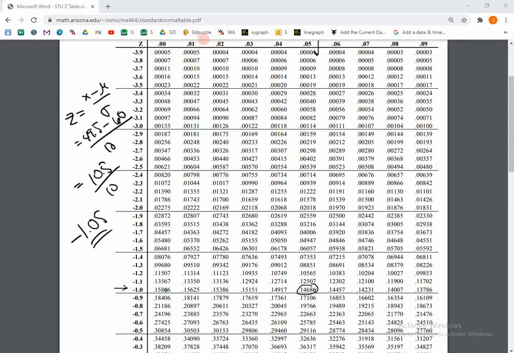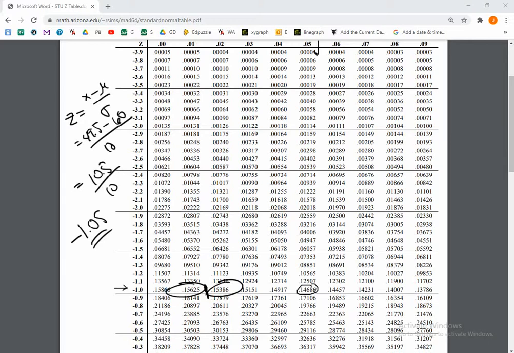Well, if I wanted to do that, then what I would basically do is take that value there and that value there, because that's negative 1.1 and that's negative 1.01, and this is negative 1.02. So then halfway in between would give me negative 1.05. Does that make sense? So I would take the average of those, and it's going to give me that value that's stuck in the middle. And we'll talk about that kind of stuff later on.